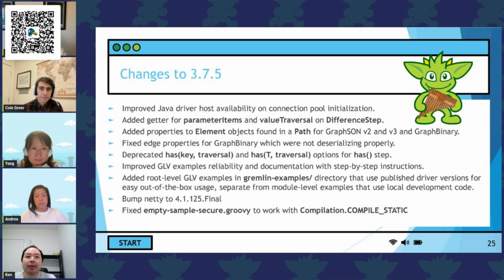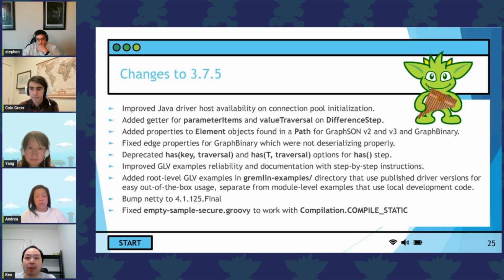Most of these are minor bug fixes, but I think one cool thing that's been added is the top level Gremlin examples. If you're new to TinkerPop and Gremlin and you just want a really quick start on querying and trying things with the GLVs in particular, the drivers, then you can check out the top level Gremlin examples directory.